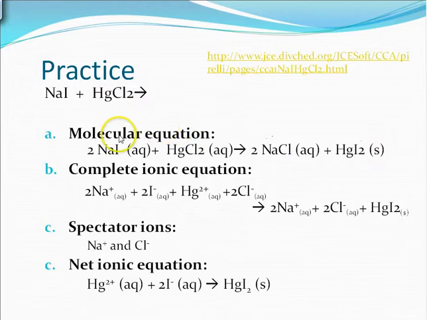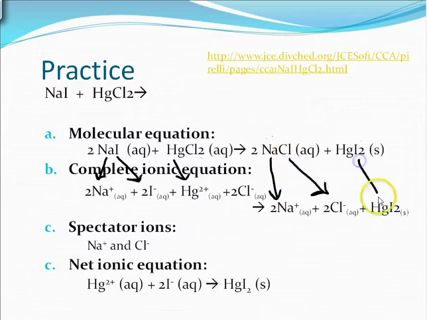So when you write the complete ionic equation, you'll break up everything into its ions from your reactant side, since it was all soluble. Make sure that the 2 here becomes the coefficient, because those 2 chlorines will not stay stuck together. They will separate into 2 separate chloride ions. The sodium chloride will break up into Na+ and Cl-, and then our solid will stay together as a solid.